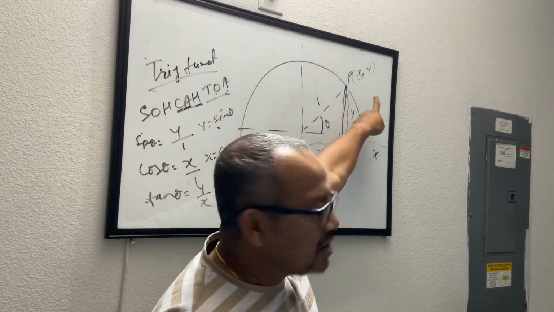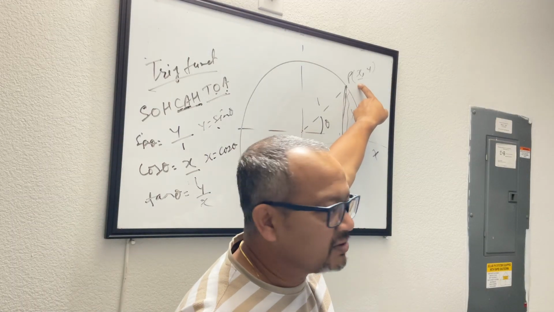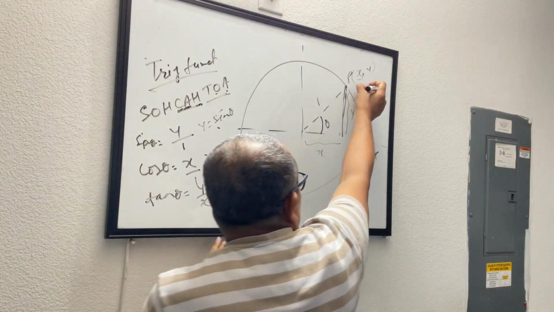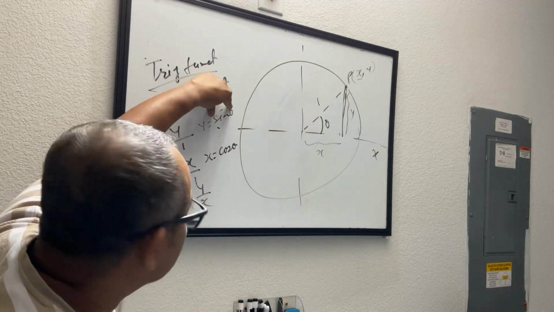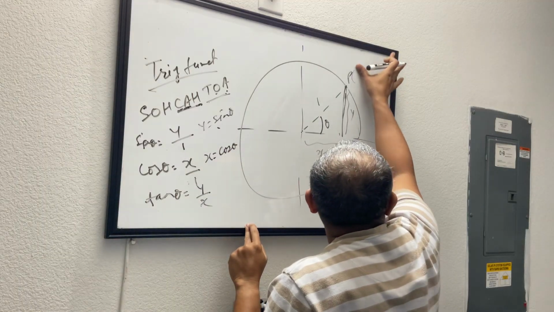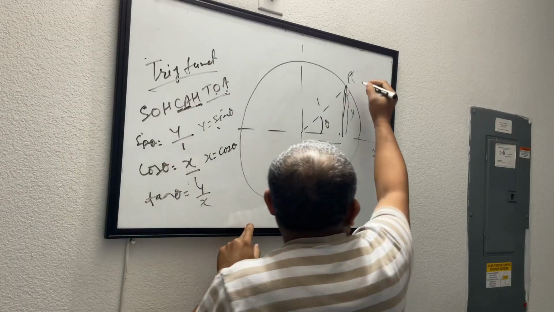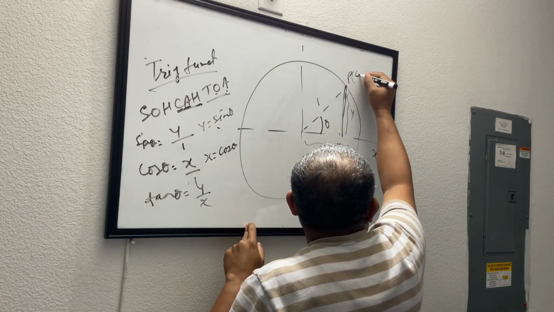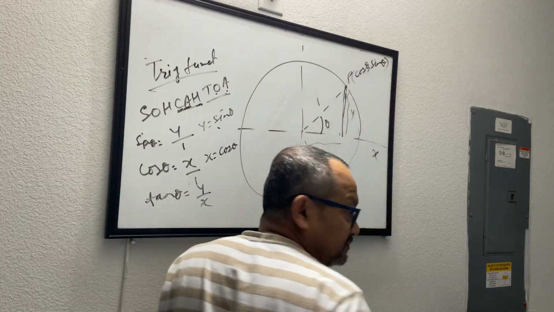So whatever were the coordinates of this point on the perimeter of the unit circle, which had coordinates x and y, we can replace that with cos theta and sin theta respectively. So that's the basic premise of a unit circle, which says any point on the unit circle, your coordinates will be cos of theta, comma sin of theta.